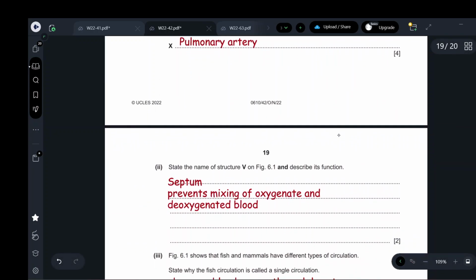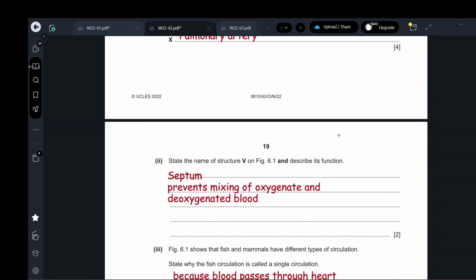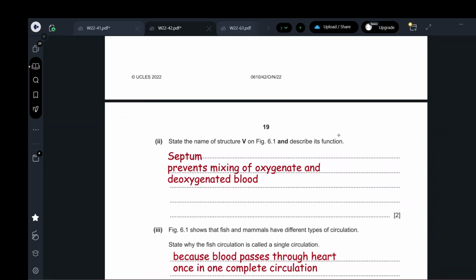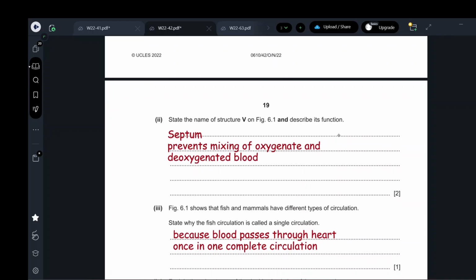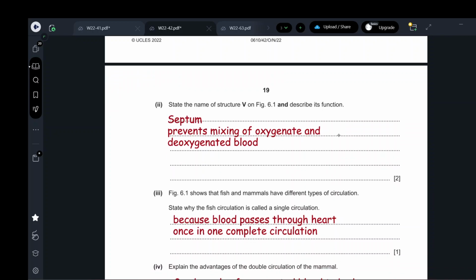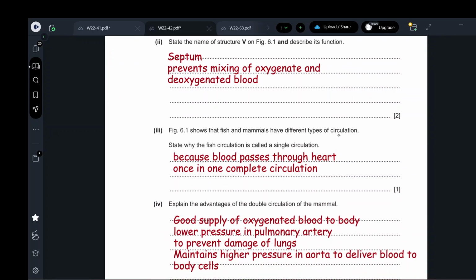What is the advantage of the, why is the fish called single circulation? Because it passes through the heart once. What is the advantage of the double circulation? We answered this in another exam. However, here I will not say it prevents mixing of oxygenated and deoxygenated blood since you already said it.